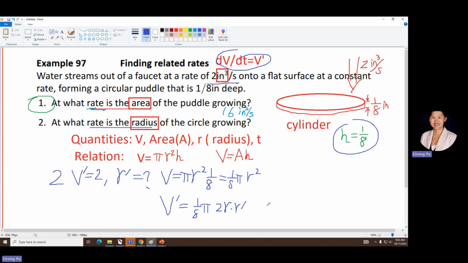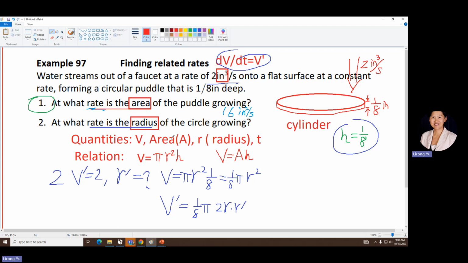It's 2r times r prime. I think we will have to carry the R in there. So this will be the answer to the question.